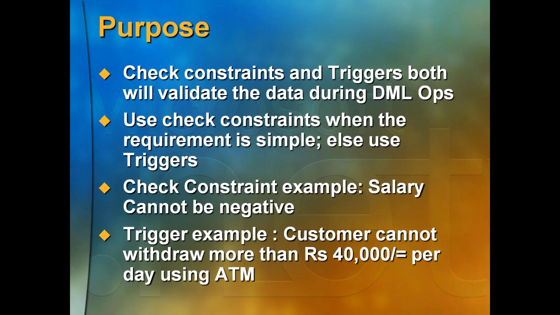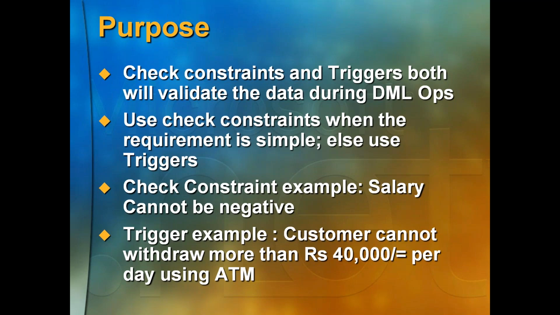So I need to do the complex operation, summing operation and comparing the dates and grouping by account ID. These things cannot be done with the help of a simple check constraint. Am I clear? So that is where this kind of validation is going to be done by the triggers. Clear? So you should know now what the purpose of the trigger is.